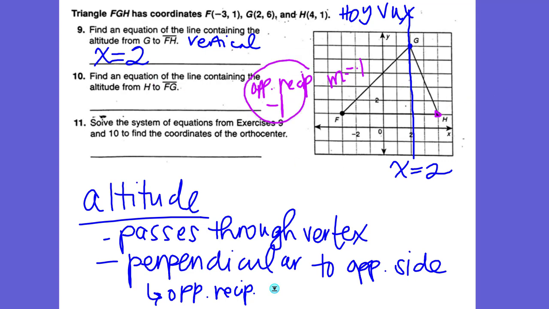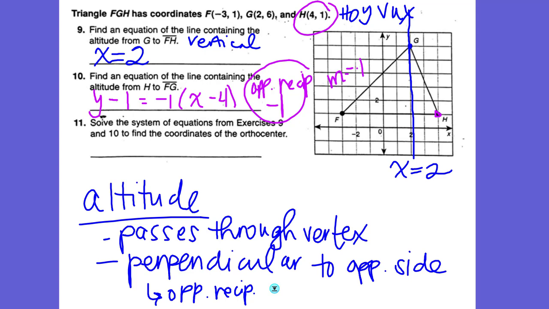So I got my slope, I got my point, and now I can plug that point and that slope into point-slope form. So it's going to be y minus 1 equals -1 times x minus 4. I can put it in slope-intercept form if I want to, but I'm just going to leave it in point-slope form because why do more work if I don't have to?